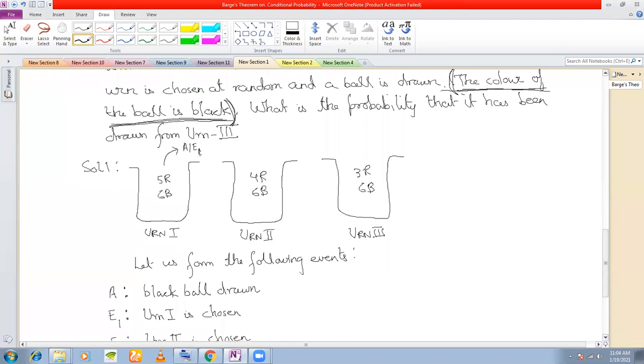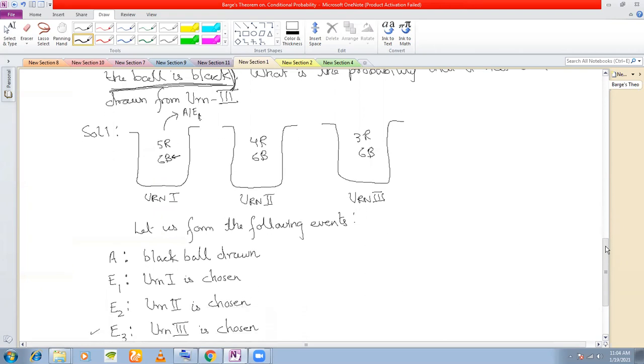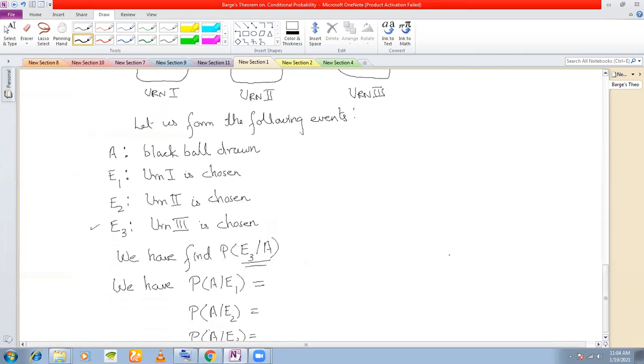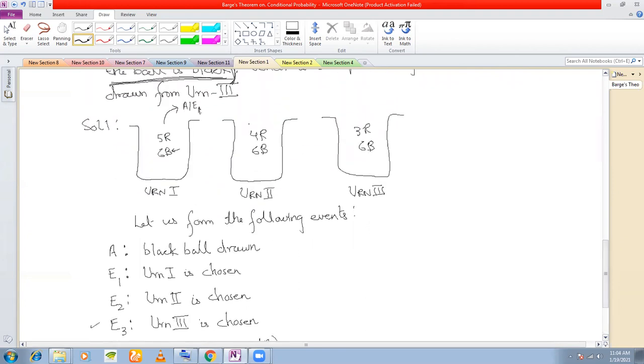Probability that the black ball is chosen given that urn one is chosen. How many black balls here? There are 6 black balls. So what is P(A/E1), and what is the total number of balls? 11. 6 by 11. Exactly. Similarly, P(A/E2): if a black ball is chosen, given that it is urn 2, what should be the probability? 6 by 10, right?